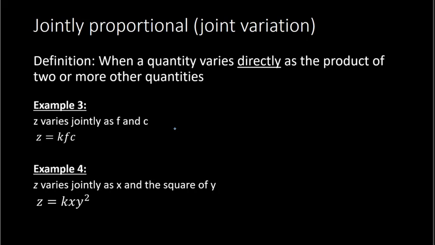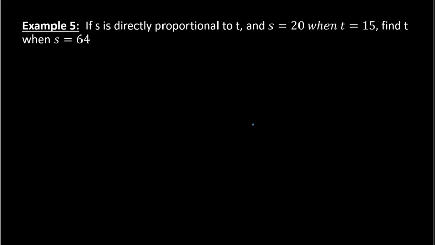So now that we know how to convert from English into math notation, we need to now know how to work with this. So how to use these equations to solve different problems. So for example, if we said that s is directly proportional to t, and s equals 20 when t equals 15, find t when s is 64.